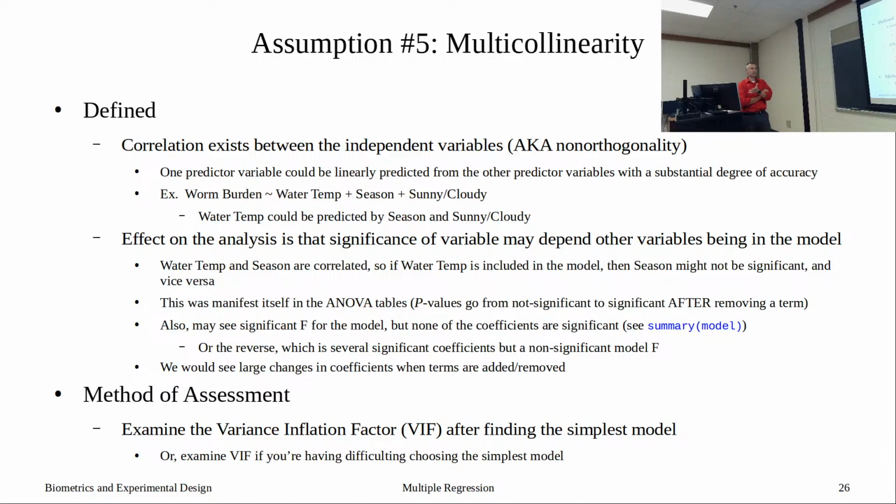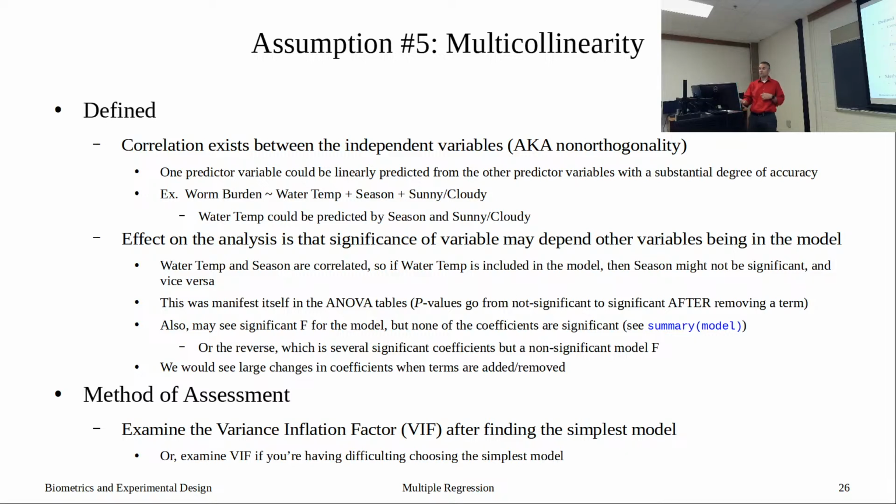What season of the year we are in gives us at least an average of what our water temperature would be. Now, this inherently violates our independence. These two things are correlated. If we include them in there, we could see some rather interesting effects. So in some cases, we may have one of those terms significant and the other is not.